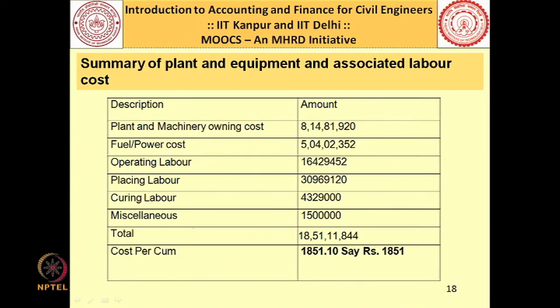So what I will do now, this is the cost of owning, operating of my equipment, right. So plant and machinery owning cost, you already know how, from where it has come. Fuel power cost, from where it has come is known to you. Operating labor, placing labor, curing labor, and miscellaneous I am putting it for the admixture part.